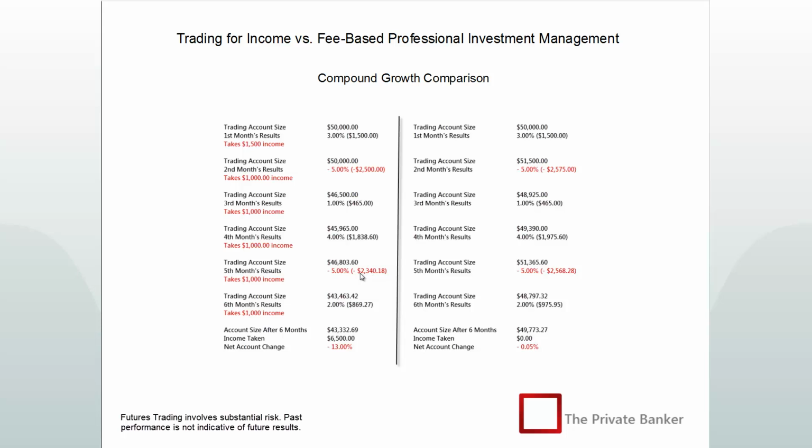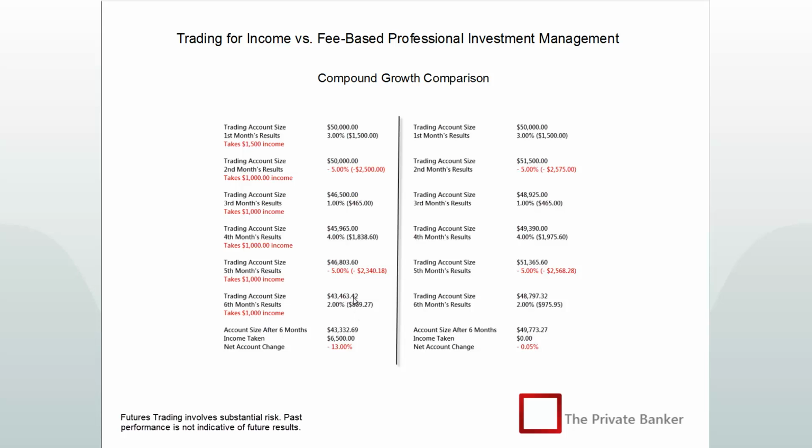So we start the next month out at $43,463 on this side, and we're down to $48,792.32 on this side. So still pretty close to what we put in it here, whereas this, we're really starting to lose our investment here. It's really being drawn down pretty significant.